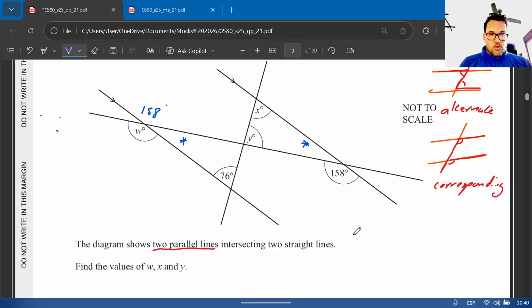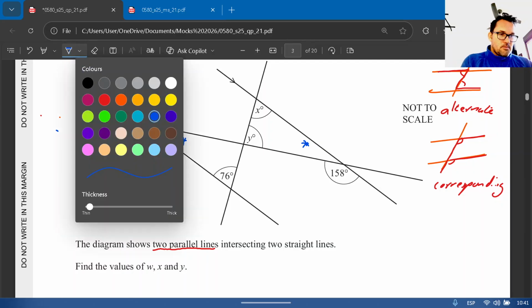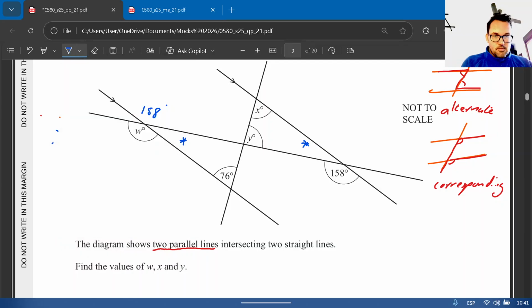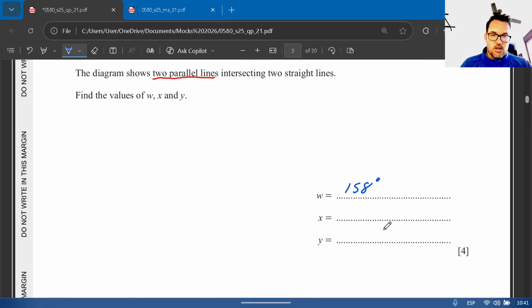What else though? Of course there are more Z's to look for here. Let's change color. Here is a straightforward Z. Voila. So that is clearly corresponding, x being 76.